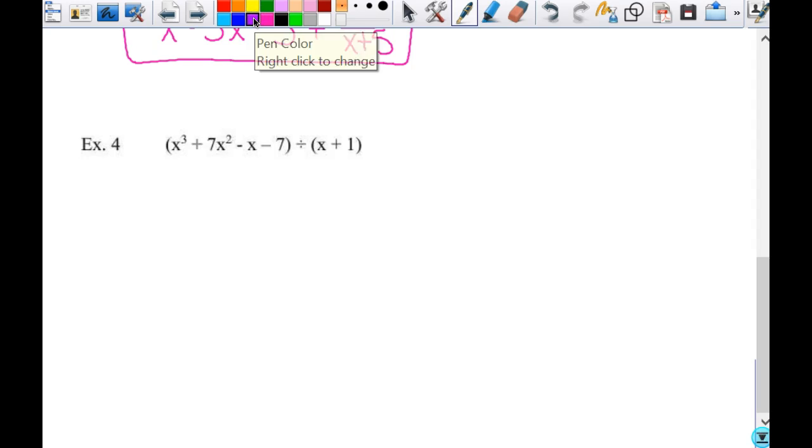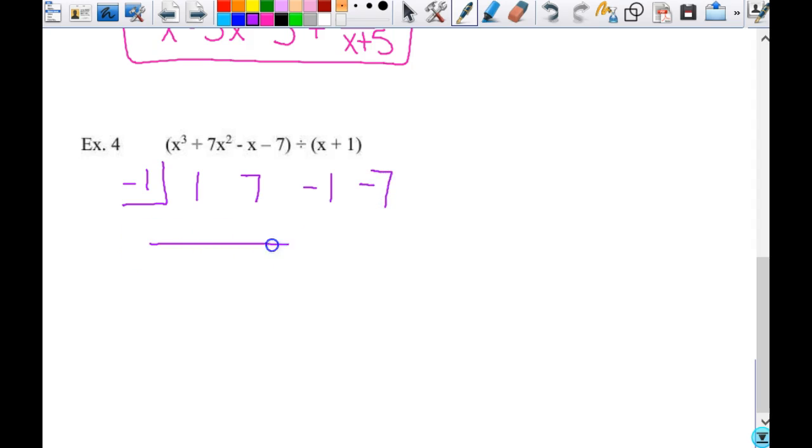together. So I'm going to get negative 1, get 1, 7, negative 1, negative 7. Get 1, negative 1, right? This gives me 6. So what do I put here? Negative 6 makes this negative 7, which means here is 7, and this is 0.